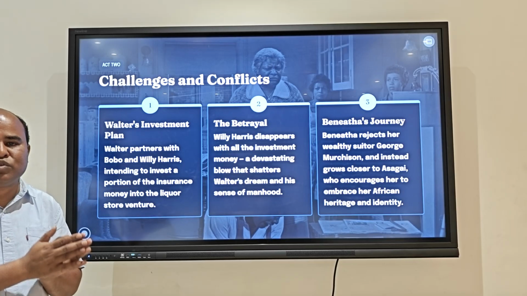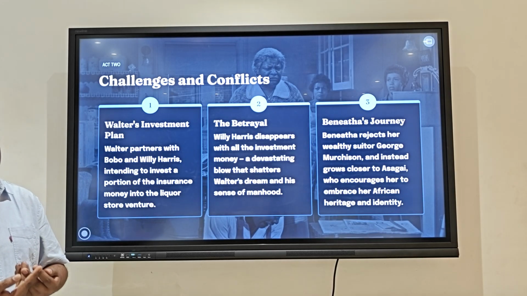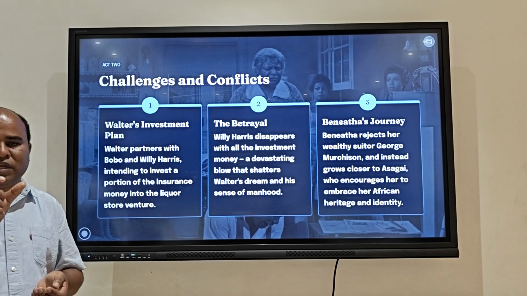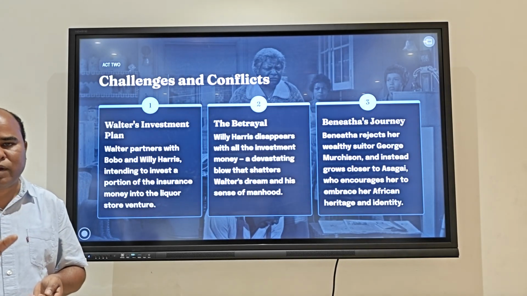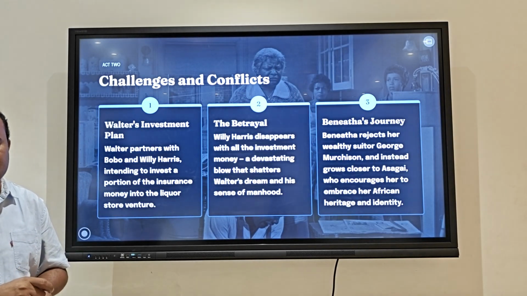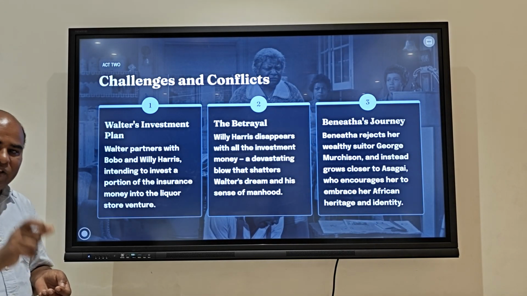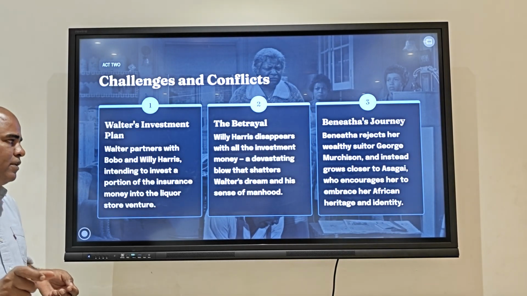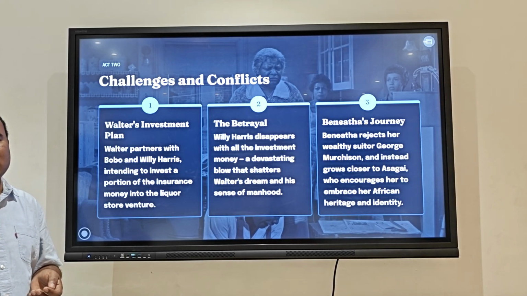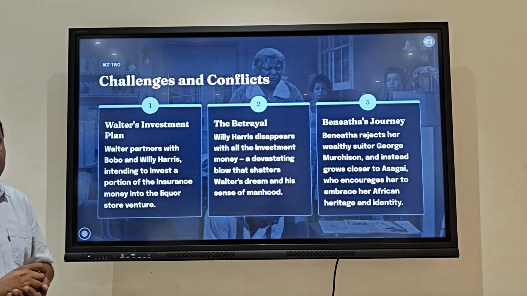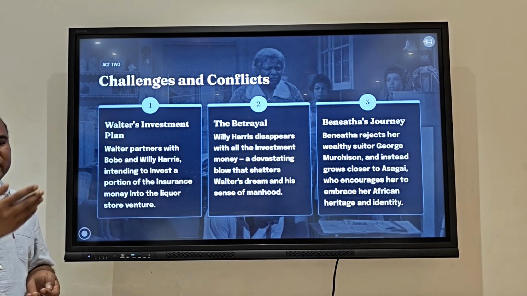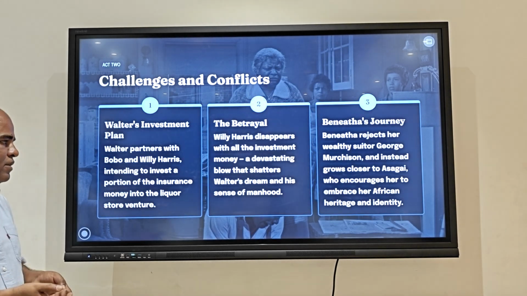So the remaining amount she hands over to Walter, and she says that a certain portion should be deposited in the bank so that Beneatha can fulfill her dreams of pursuing medicine, and the remaining amount is given to Walter so that he can start his business or whatever.